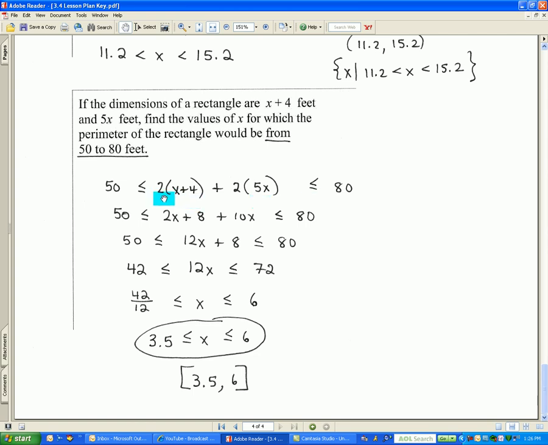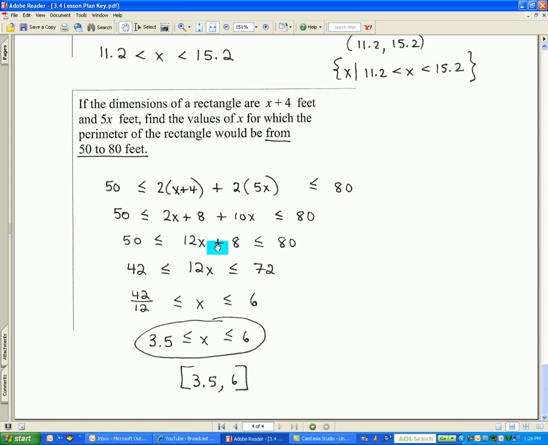And notice how I find perimeter. Twice the length plus twice the width. 2 times the length plus 2 times the width. When I distribute, I get 2x plus 8 and then plus 10x. That becomes 12x plus 8.